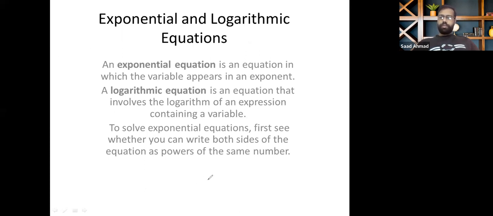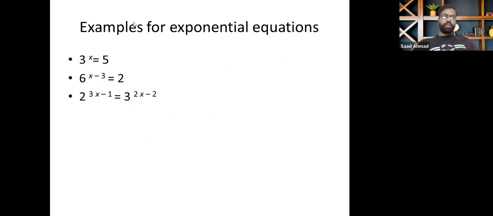Okay, so to solve the exponential equations, first we see whether both sides have the same base or not. There are some examples here. We will solve them. All right, so let's start with the first one, 3 to the power x equals 5.